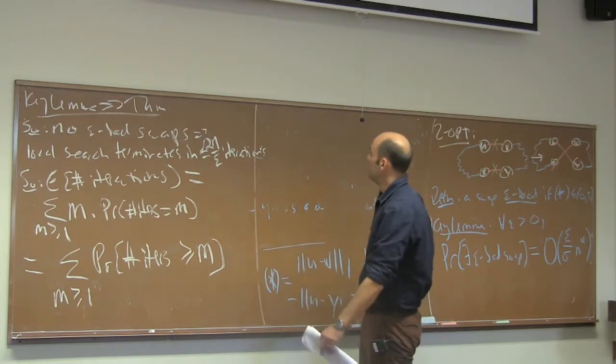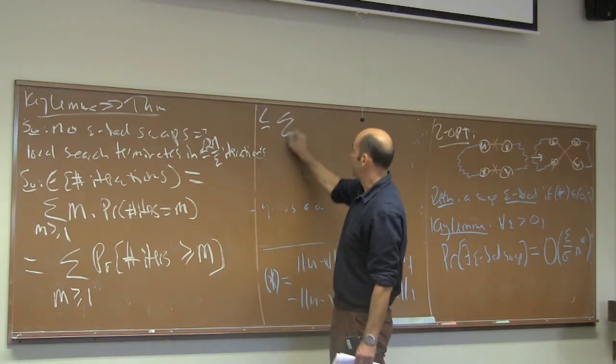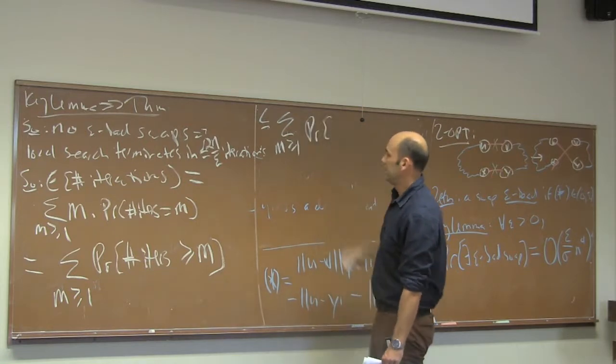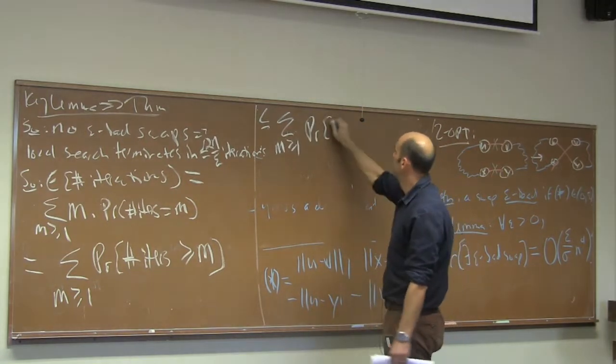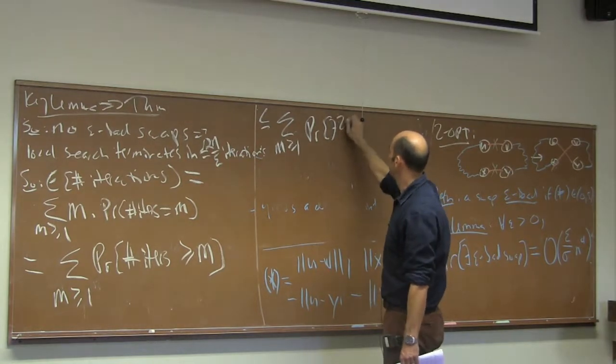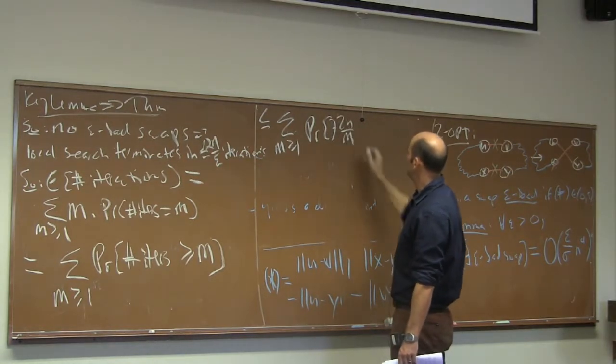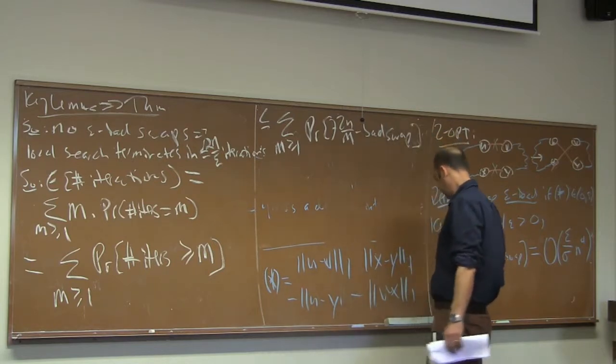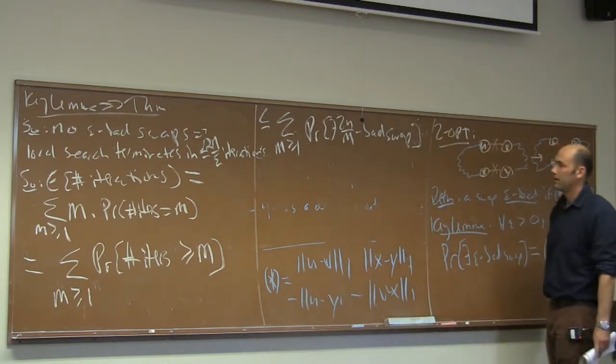So a necessary condition for this, and therefore an only bigger probability, is to sum up the probabilities of bad swaps. So there exists a 2n over M bad swap. Okay?